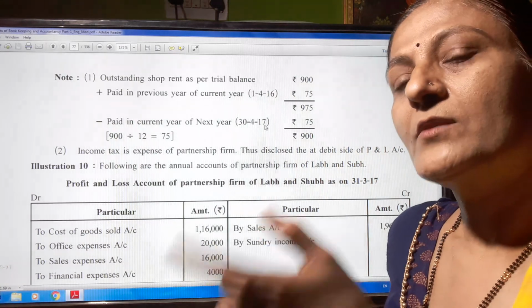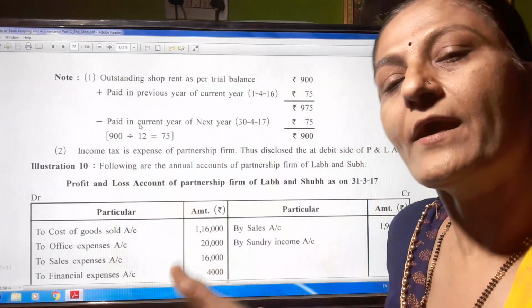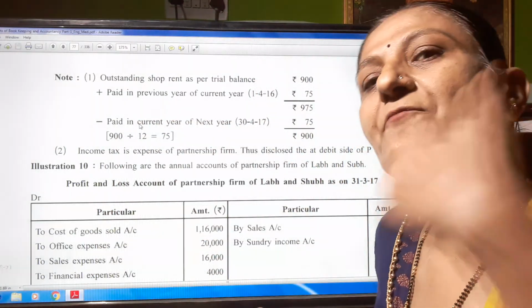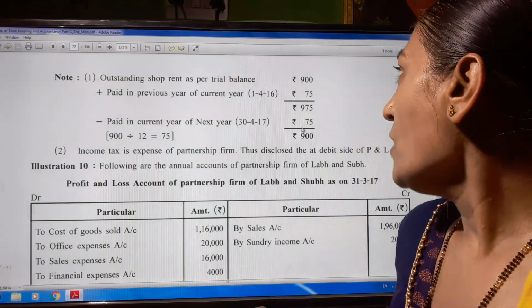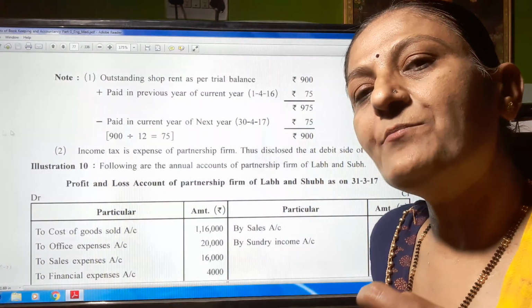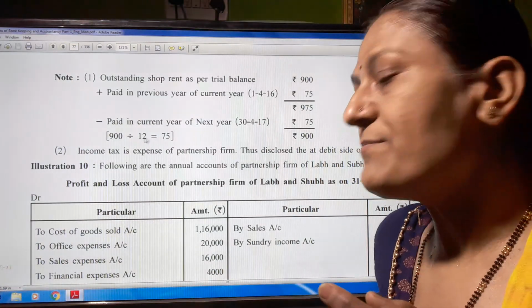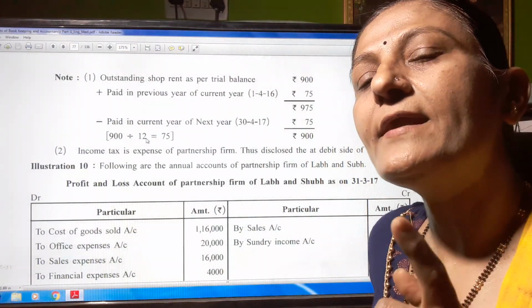1/4/2017, paid in the current year, in this year they paid, but for the next year. So minus this amount 75. How do we get 1 month's shop rent? 900 divided by 12, because we know in 1 year there are 12 months.